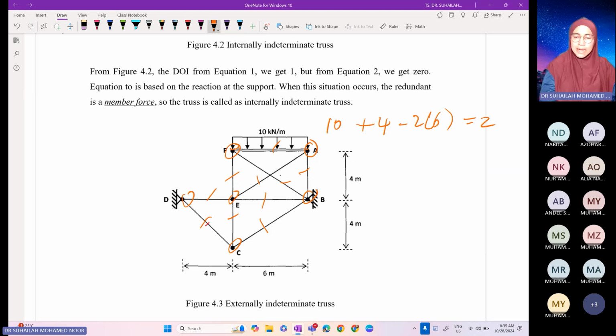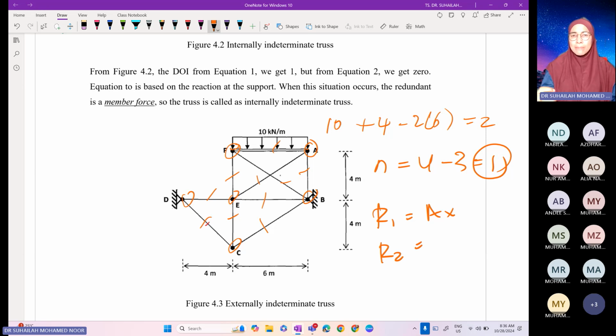There are 2 redundants, and we check for the difference between unknown reaction and 3 equilibrium equations. The number of unknown reactions is 4, and we minus by 3, we get 1 here. Means that 1 redundant comes from reaction, let's say AX as the reaction, and the other one is not reaction anymore, it comes from member force.